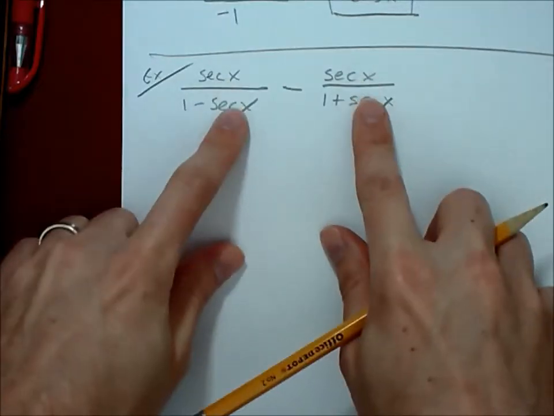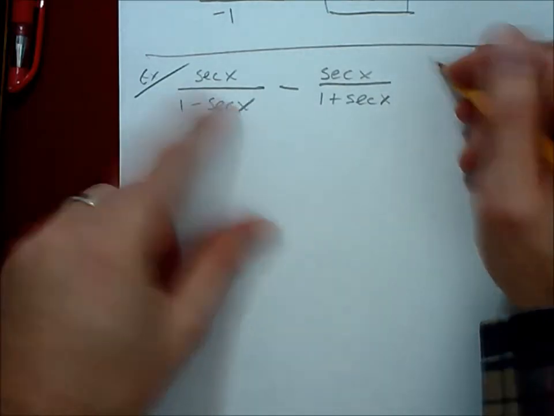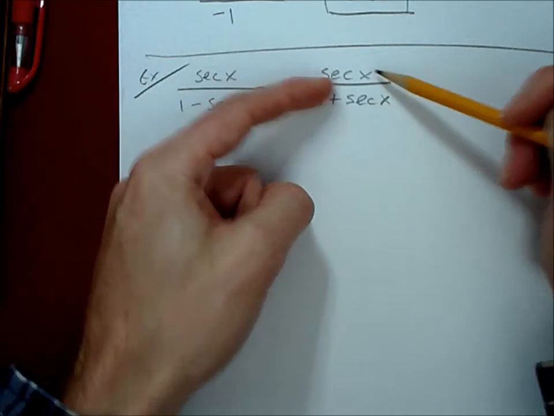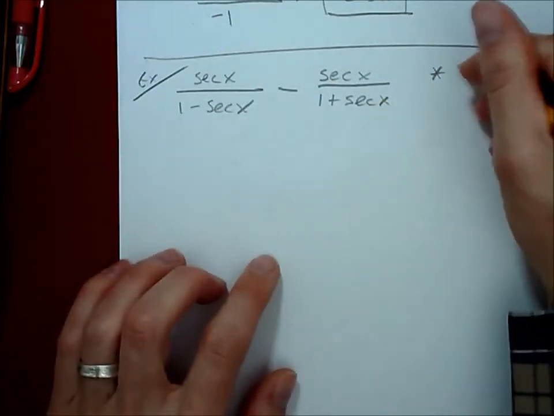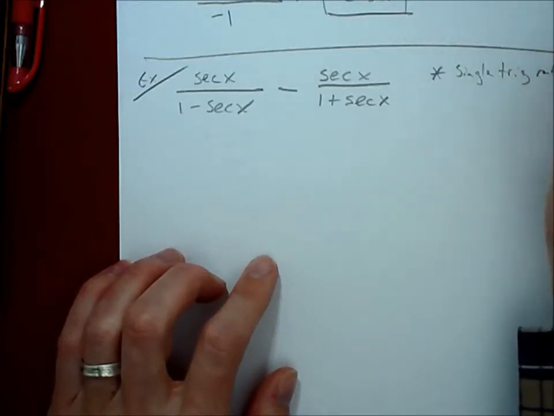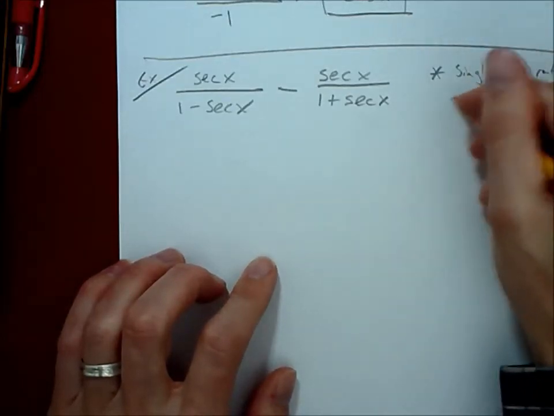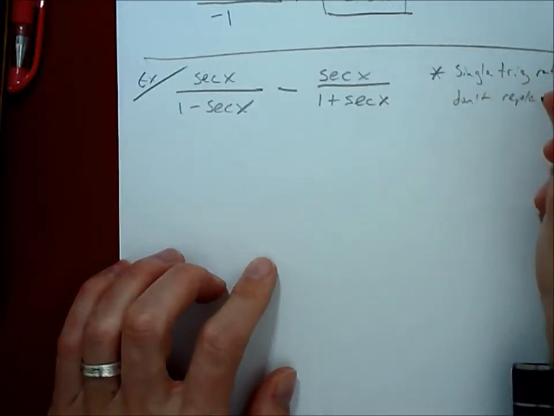But if we have a single trig ratio here, it really would only make this more complicated. This would be 1 over cosine, and this would be 1 over cosine, and 1 over cosine, etc. So in this case, we already have a single trig ratio. So don't replace it, at least not just yet.